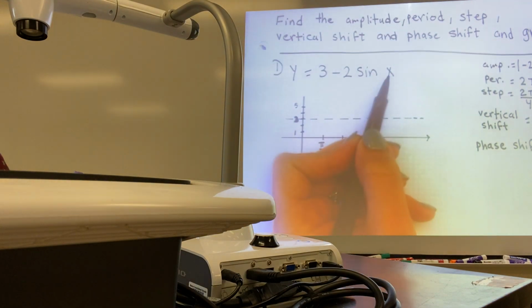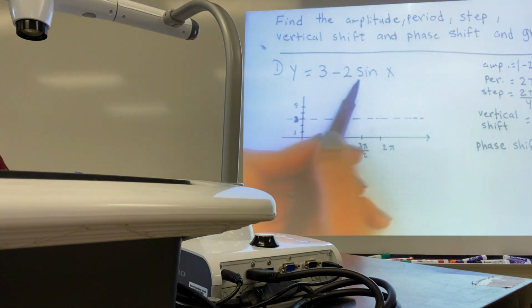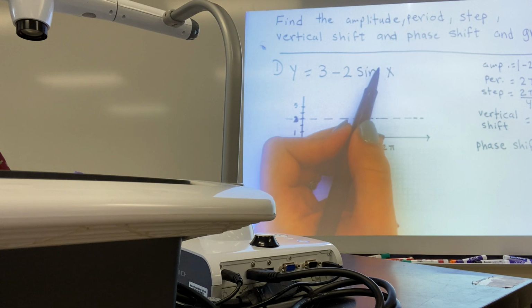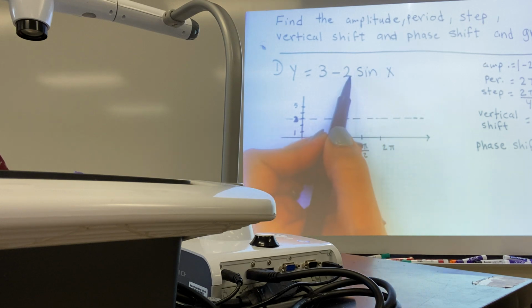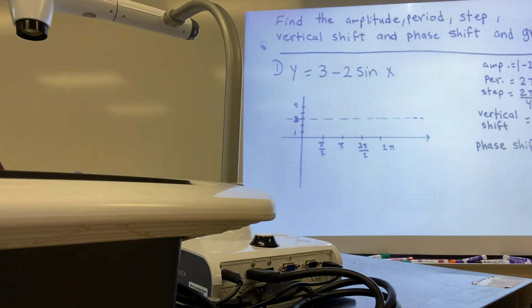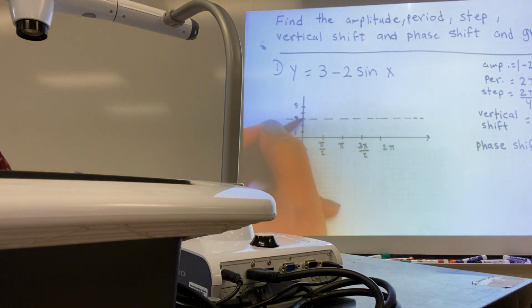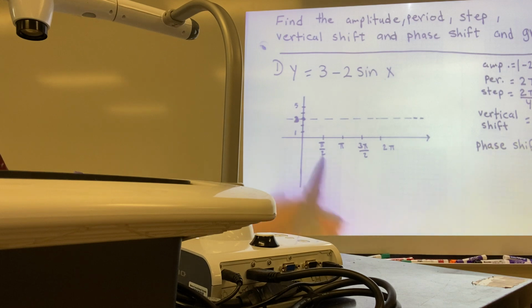So when x is 0, find sine of 0, multiply by 2, then subtract it from 3, and that should give you a 3.